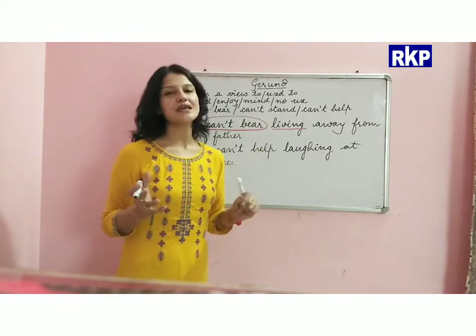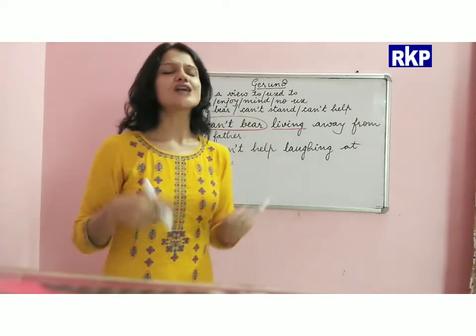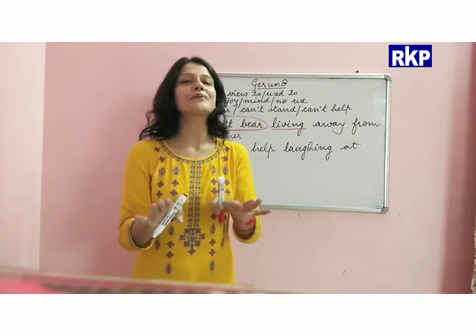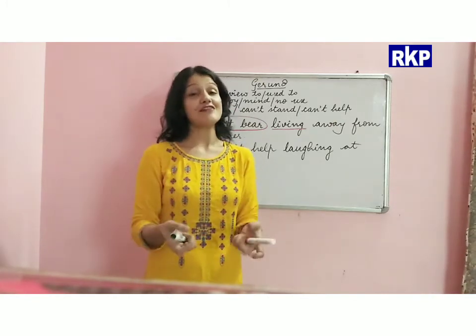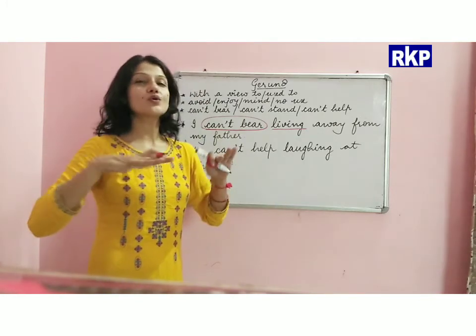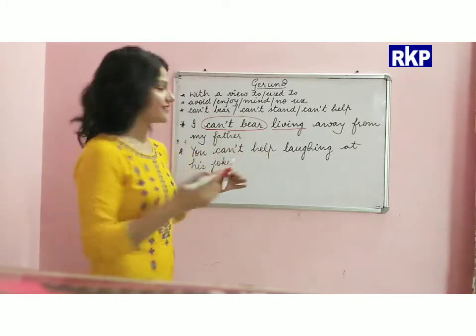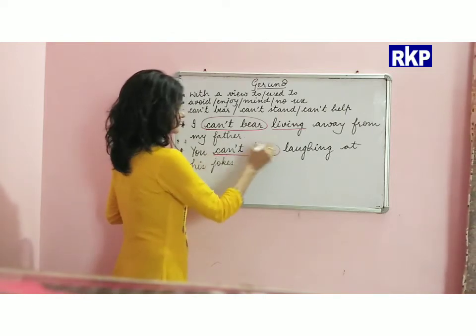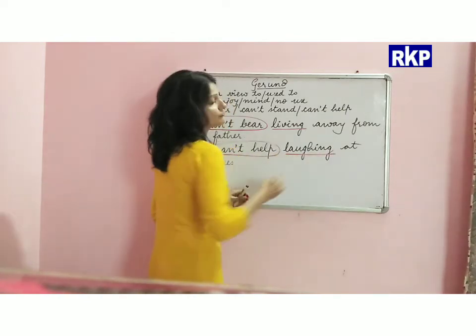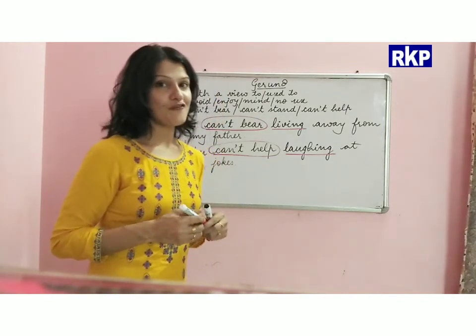It basically means that his jokes are so good that you will not be able to stop yourself from laughing. So basically can't help means when you can't avoid something. This is the expression can't help, and here we have used the gerund form of the verb.